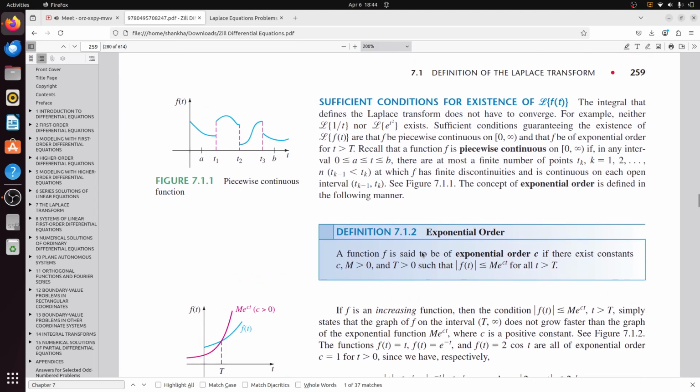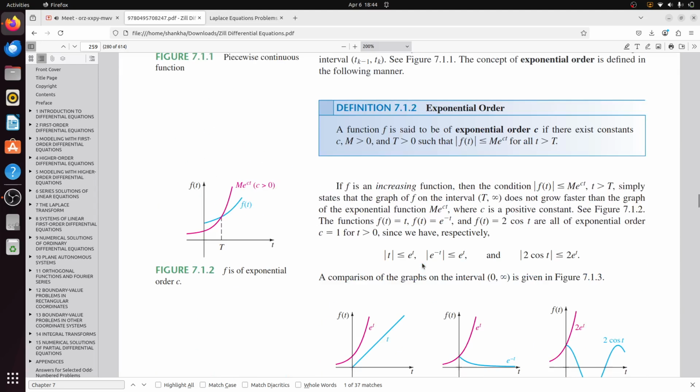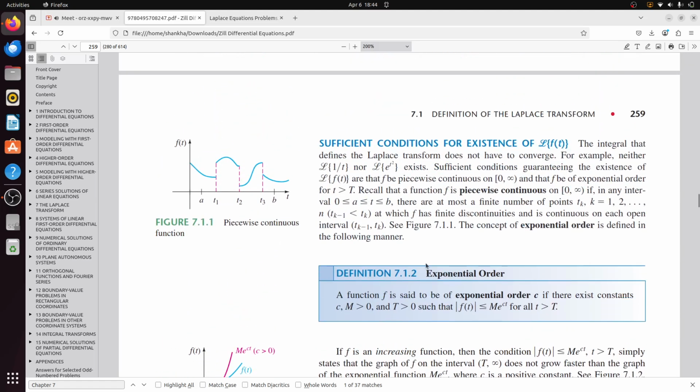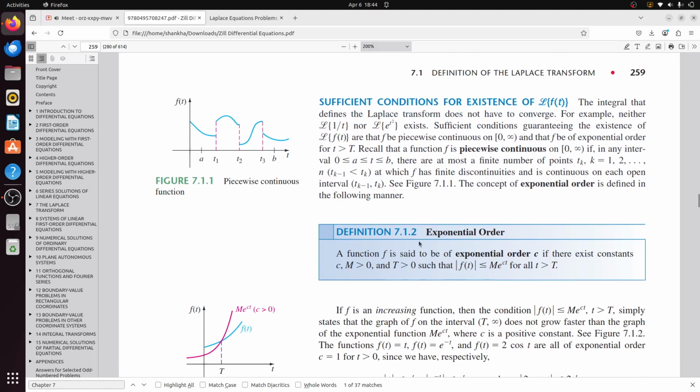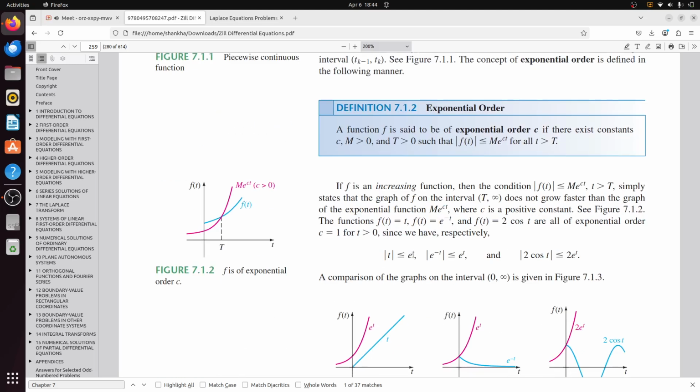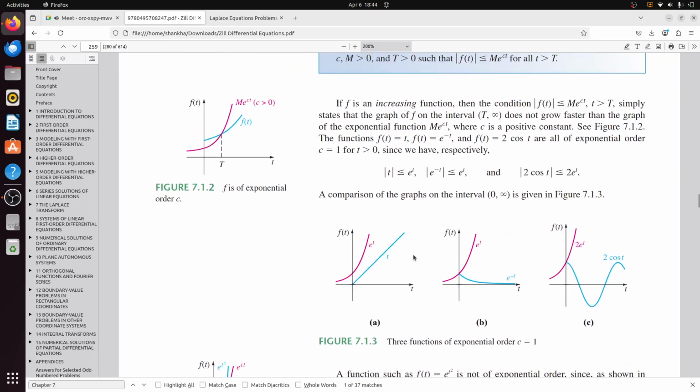So till now we have discussed the Laplace transformation part. Now we will discuss a very basic thing: what is the sufficient condition for Laplace transformation to exist. Just observe here.